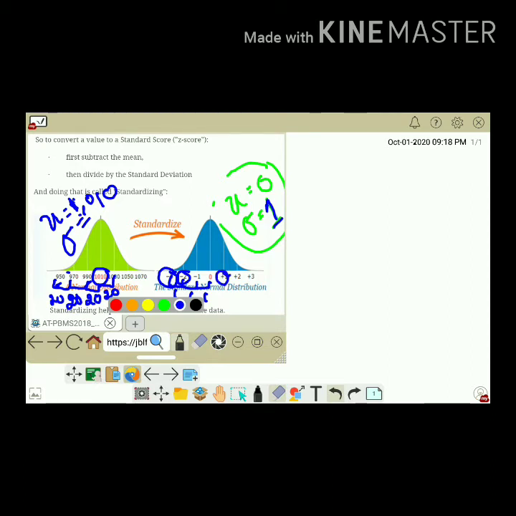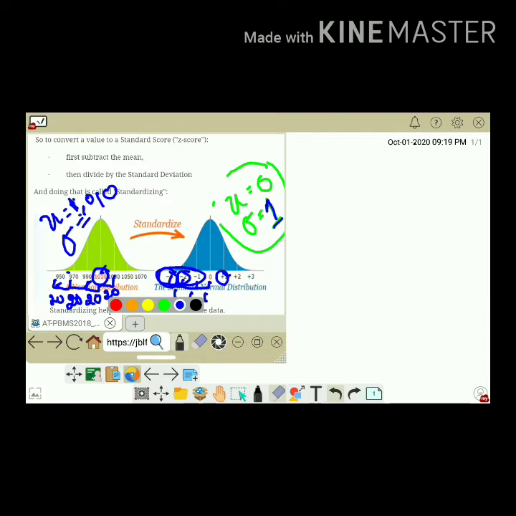Guys, that only means the positive value indicates that the values to the right of the mean, example here, are higher than the mean, while the values to the left of the mean represented by negative value, that means these are the values lower than the mean or below the mean. Okay, that's why they are represented by negative sign.